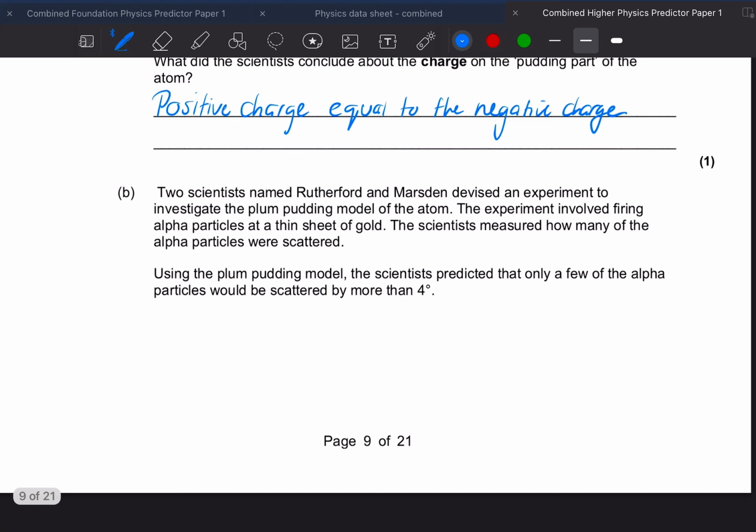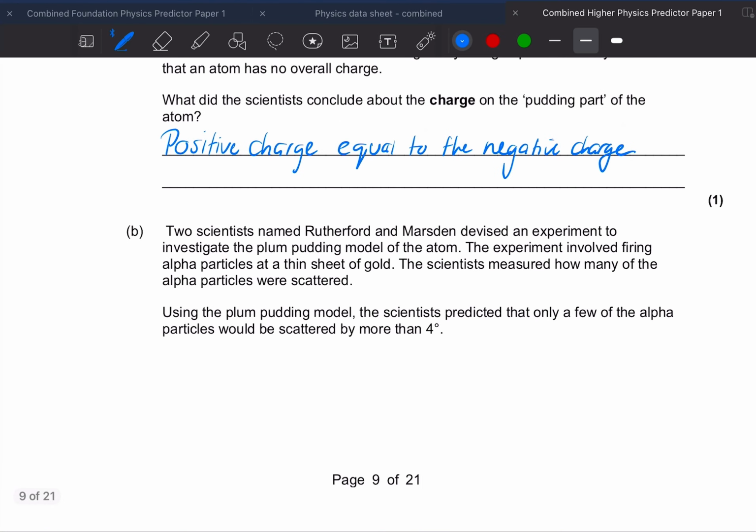Two scientists named Rutherford and Marsden devised an experiment to investigate the plum pudding model of the atom. The experiment involved firing alpha particles. Remember, our alpha particle is 2 protons and 2 neutrons, or a helium nucleus. So mass of 4, atomic number of 2. The scientists measured how many of the alpha particles were scattered.